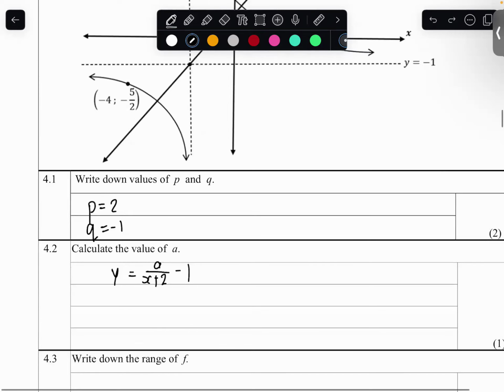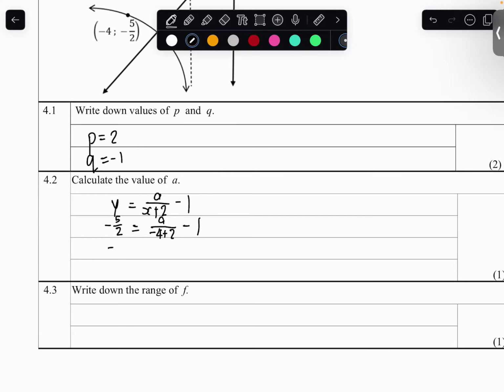We're going to sub it in place of x and y and solve for A. So we have -5 over 2 is equal to A over -4 plus 2 minus 1. That gives me -5 over 2 plus 1 is equal to A over -2. That gives me -5 over 2 minus 3 over 2, cross multiply. Right, it gives me that. Cross multiply and solve for A. It's going to give me A is equal to 3.